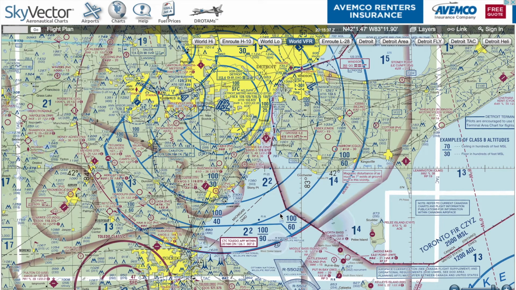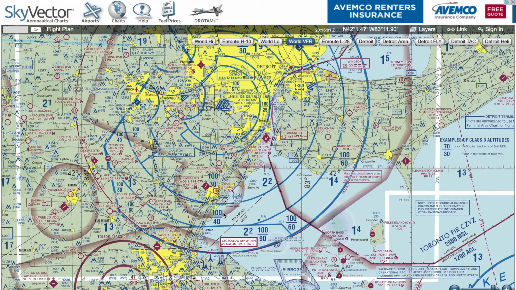And how do I know what altitude those start at? Because remember, we can fly below it. We just can't fly in it. So if you look at these numbers, there's 100 over 60, 100 over 90, 100 over 40. That is the altitude. And I mentioned earlier that in aviation, they like to drop zeros off because we're lazy.